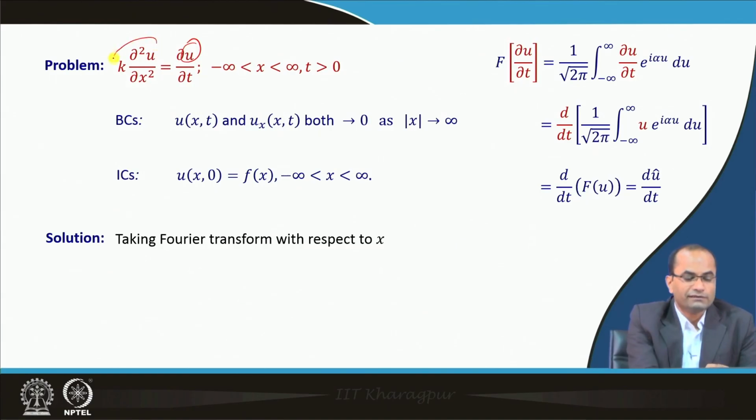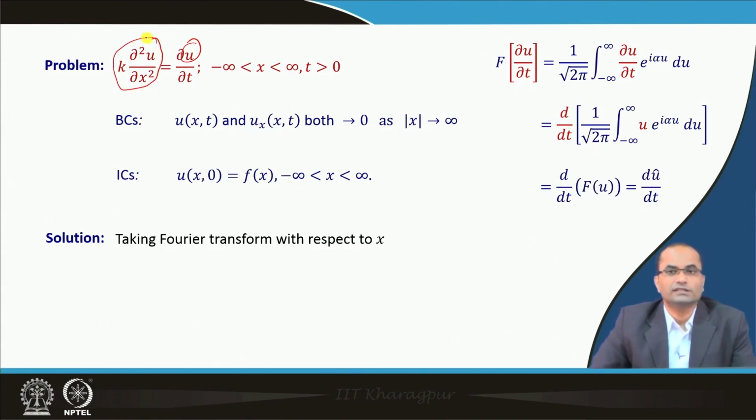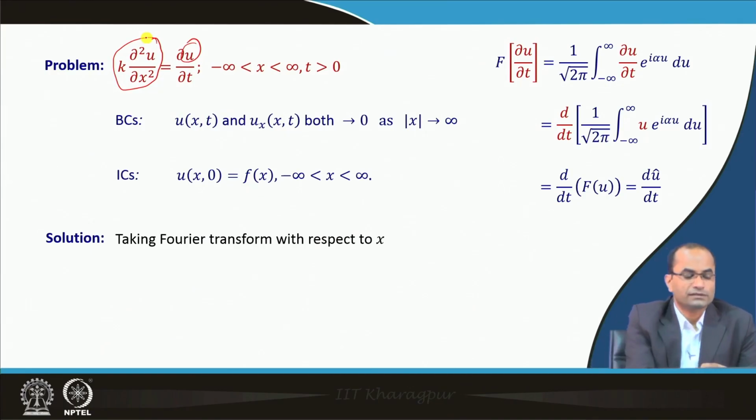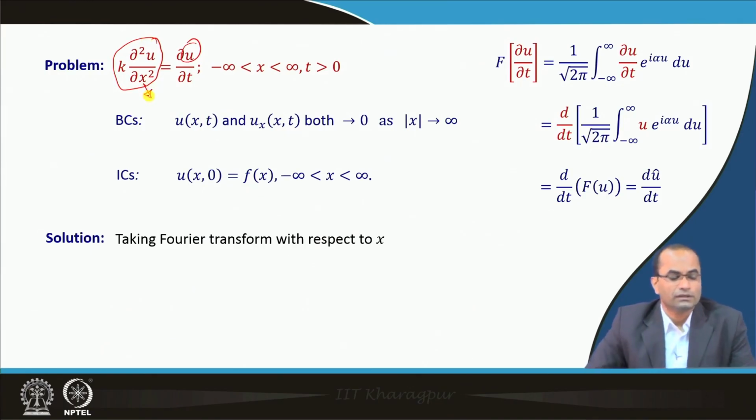But on the left hand side, where we have the derivative with respect to x, the derivative formula which we have just discussed will be applicable. We have a simple term for the second derivative, and the derivative is removed once we apply the Fourier transform.